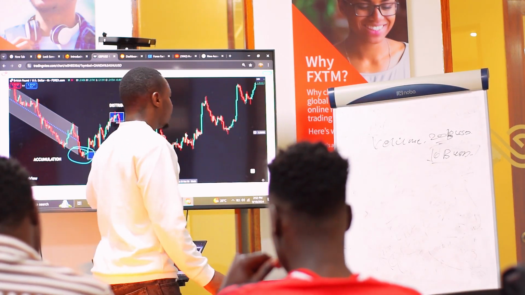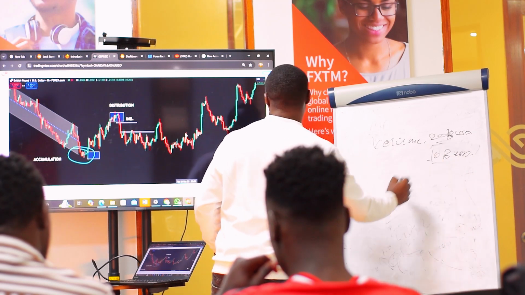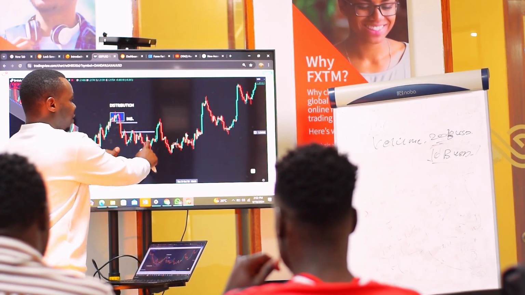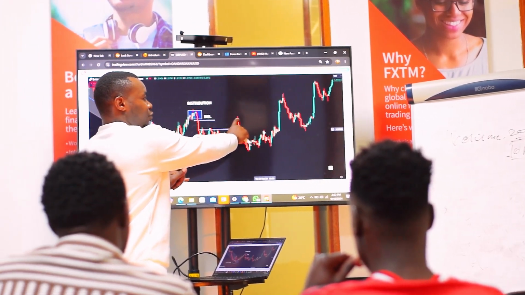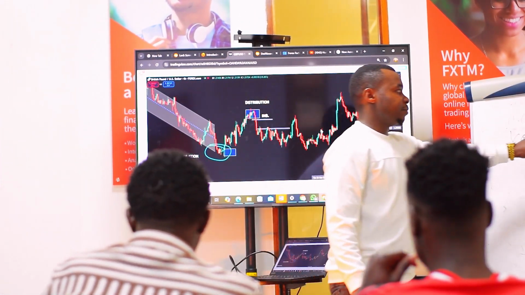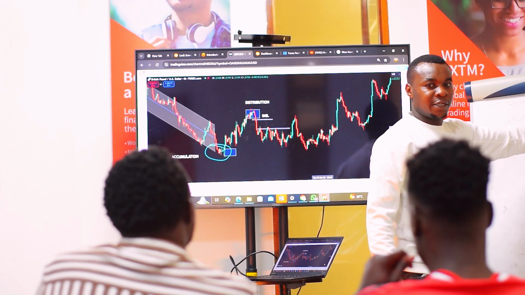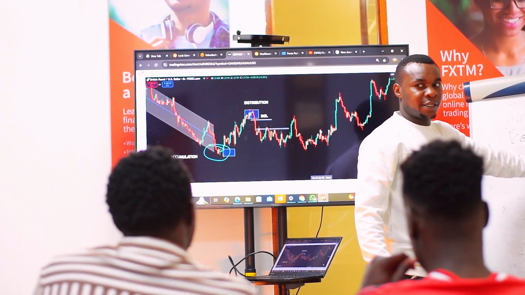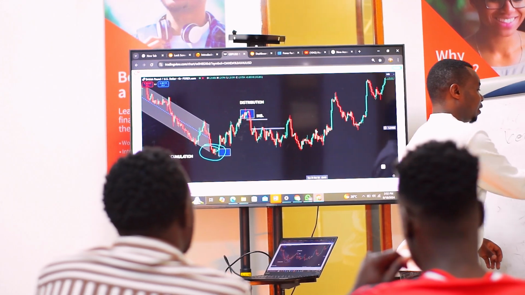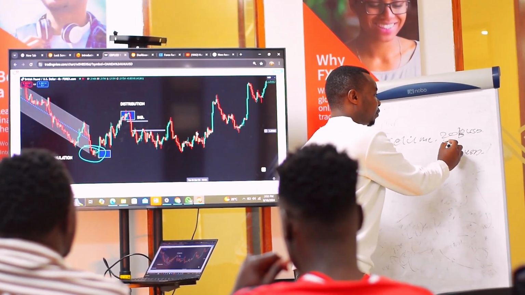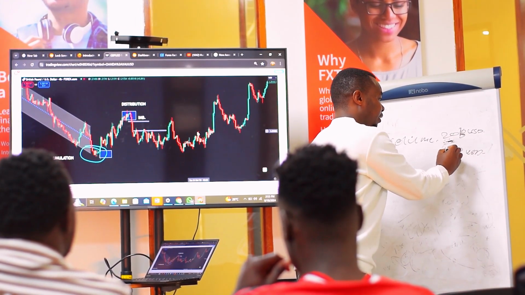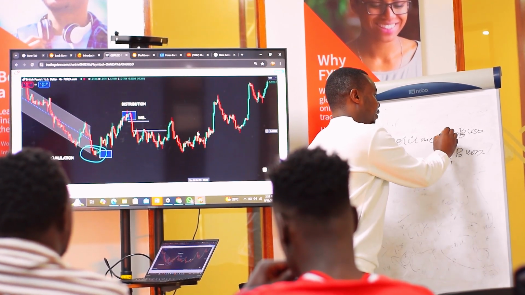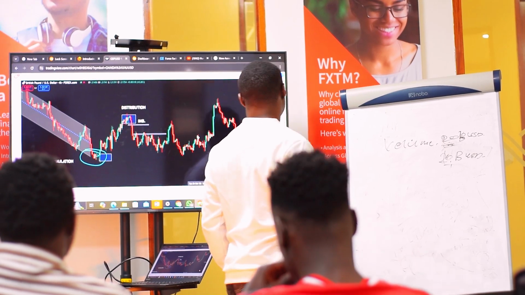If this $20 billion is located at the smart money zone, the market is more likely to go up to the $20 billion so that it can take the volume. Assume it needs 10 billion more so that it can initiate the sell. So in this 10 billion, 20 billion, we're going to take 10, so that we can have the 20 on the sell side and 10 on the buy side.